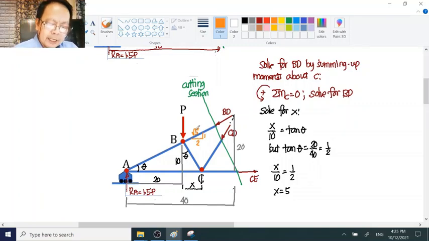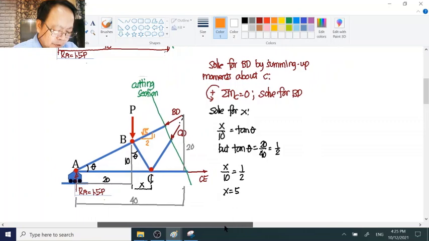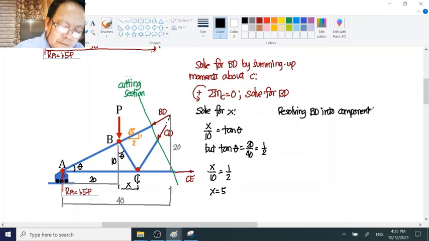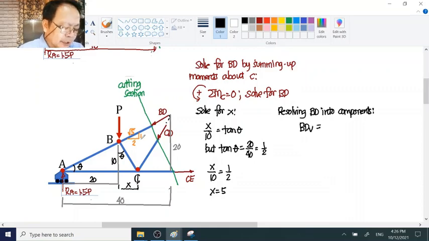So we resolve BD into components. The vertical component of BD is equal to 1 over the square root of 5 of BD.